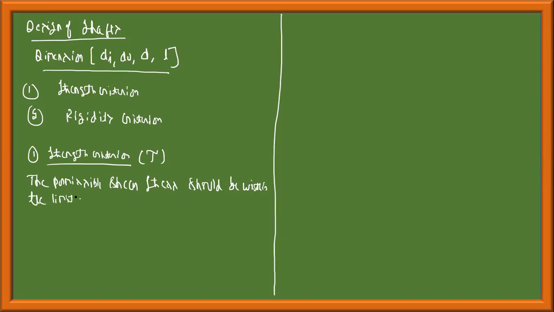In order to design this shaft, the permissible shear stress, for example, is 150 MPa. If I design the shaft, my dimension should not exceed 150 MPa. The permissible shear stress should be within the limit.